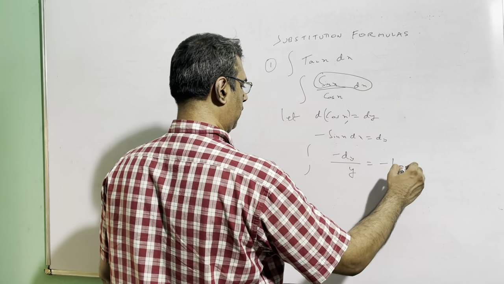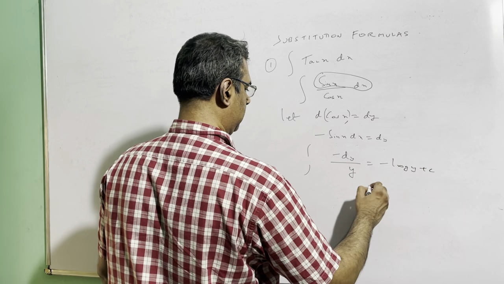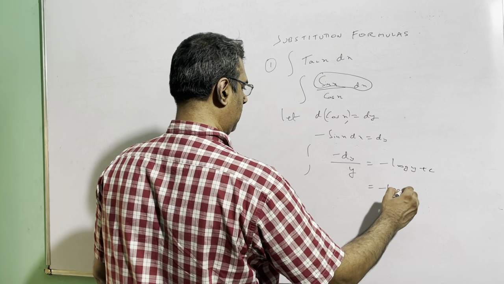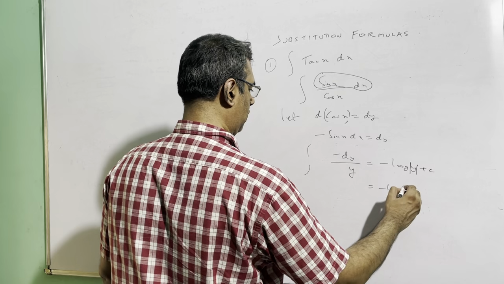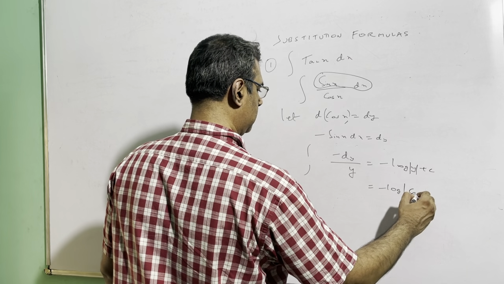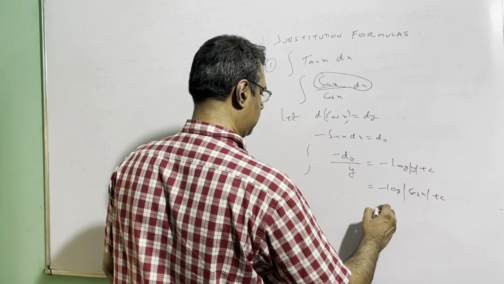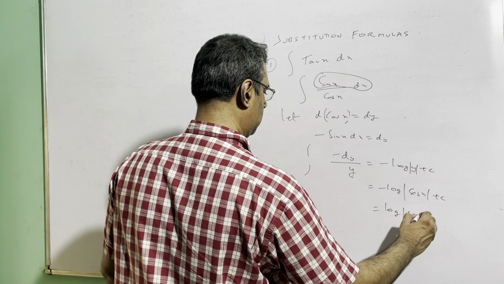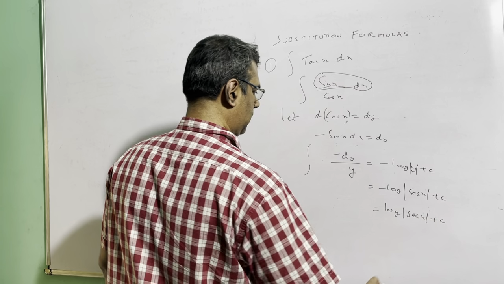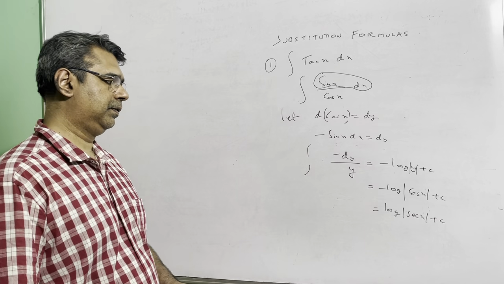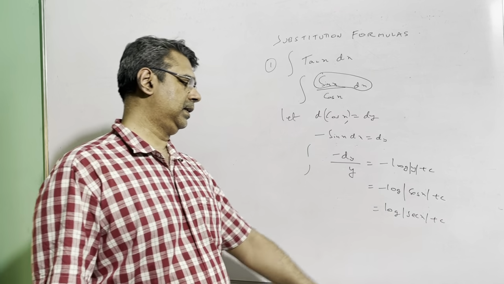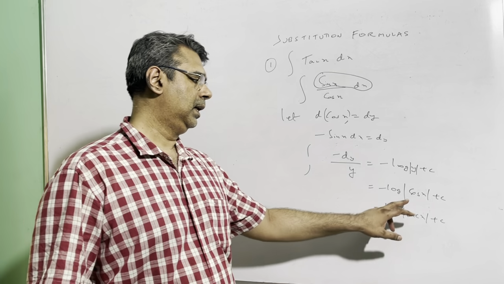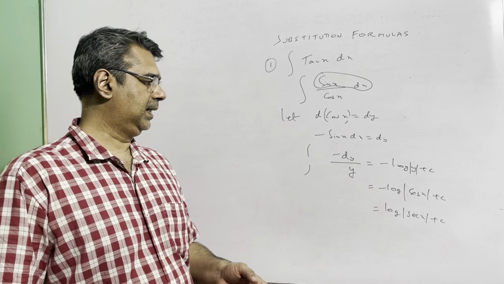So as per the formulas, this will be minus log y plus c, and incidentally minus log mod y. So minus log mod cos x plus c. But all of you know that minus of log mod cos x can also be written as log mod sec x, because cos x to the power minus 1 is sec x.